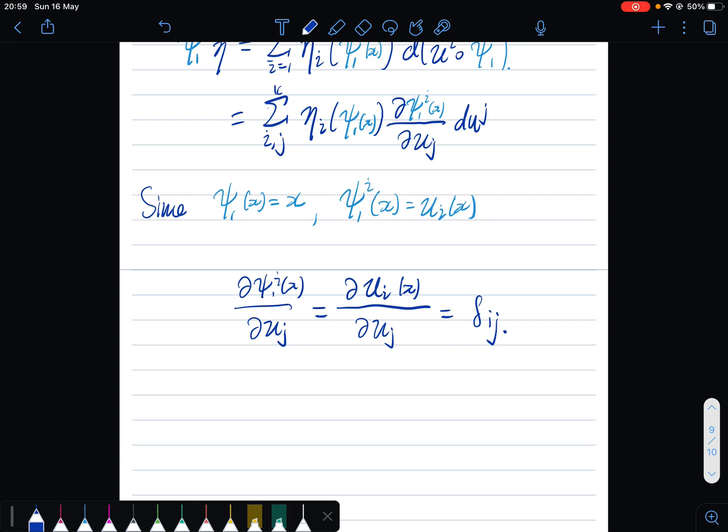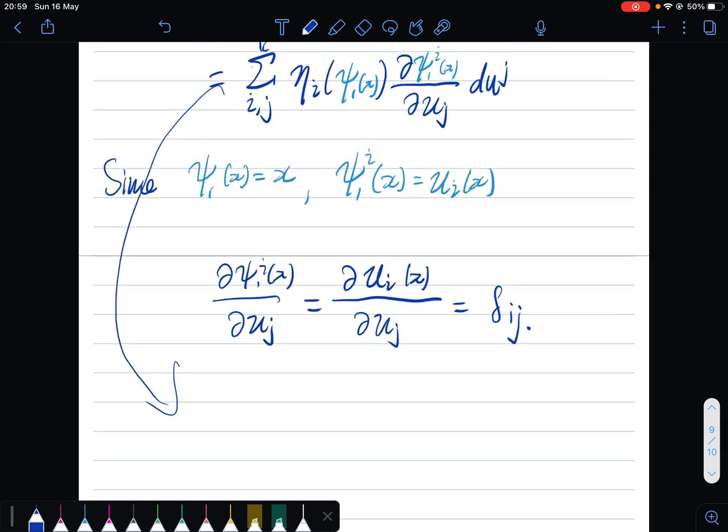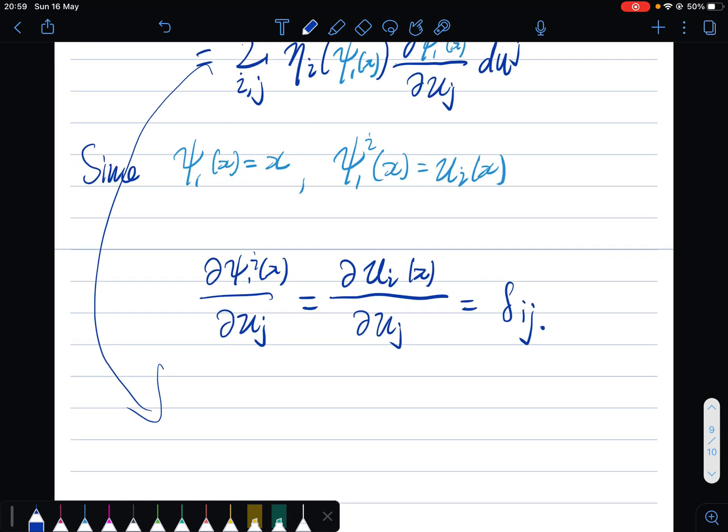Then it simplifies to delta i equal to 1, and then the differential form is just eta.